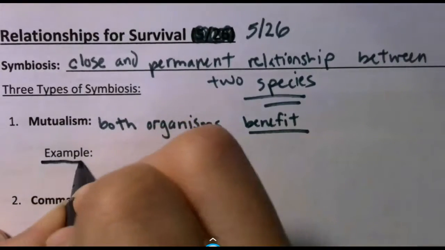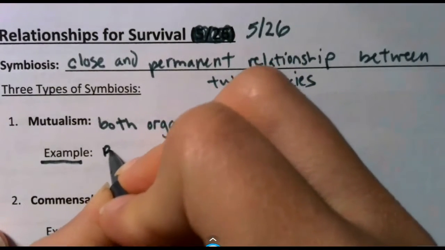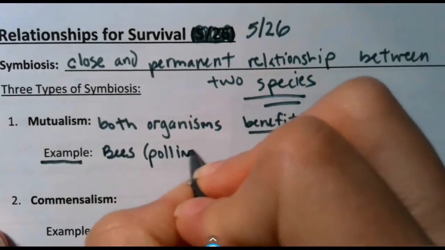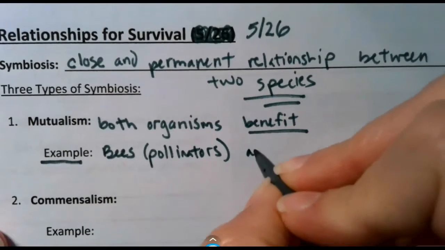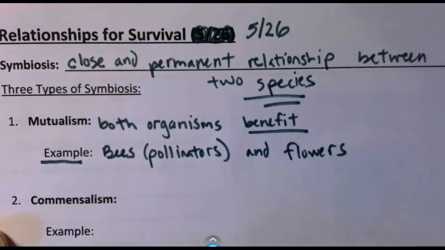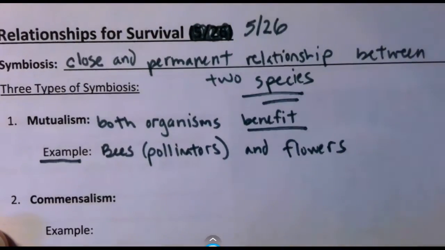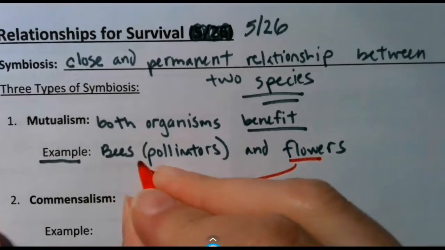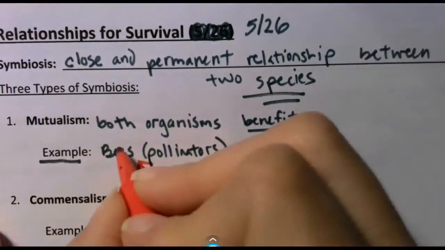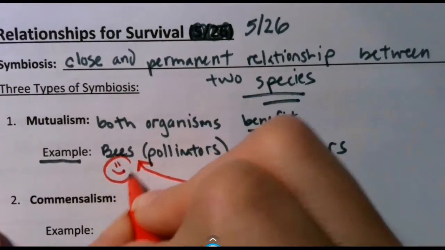So for my mutualism example, I would say bees, which are pollinators, and flowers. The bees get food from the flowers. They get nectar from the flowers. So it's a positive relationship for the bees, or a smiley face for the bees.